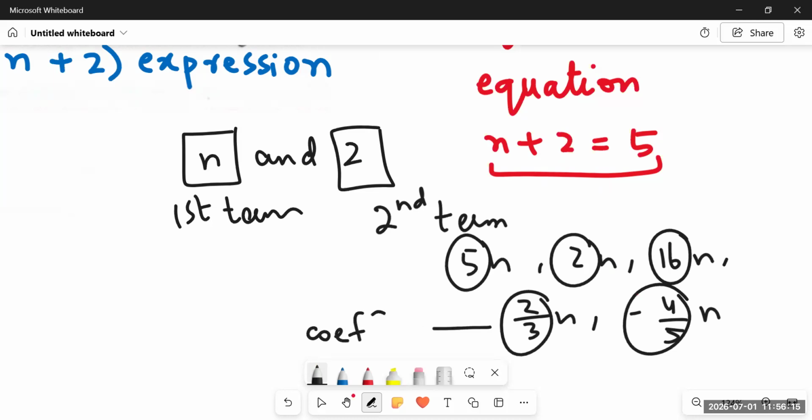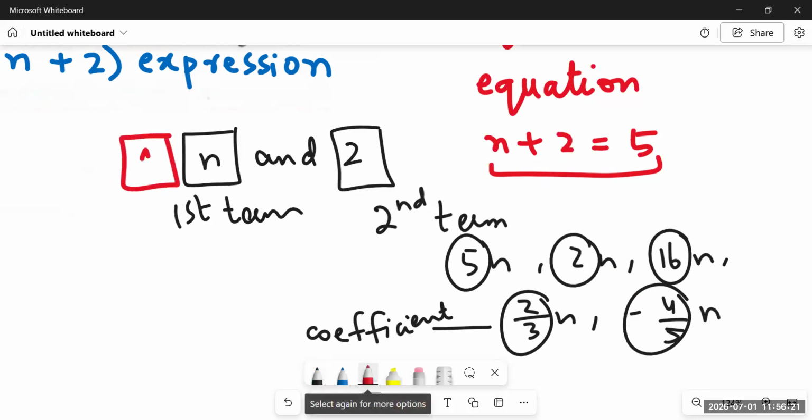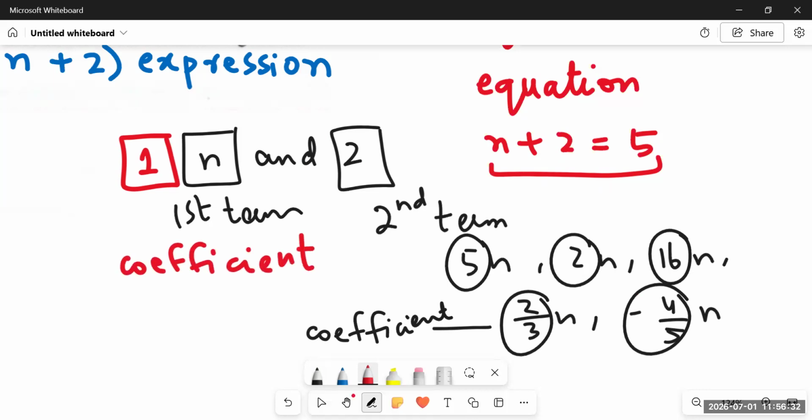Okay, so if we do not have any number before a variable, then what will be the coefficient? The coefficient will be hidden. It will be 1. So the coefficient of n in n plus 2 will be 1. Okay. If there is no number attached to a variable, always remember the coefficient will be 1.